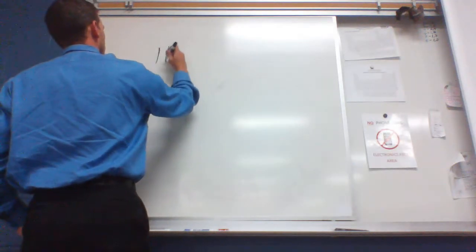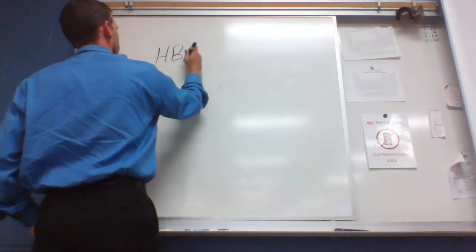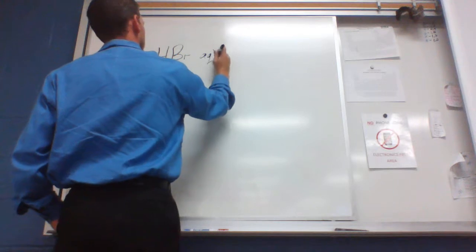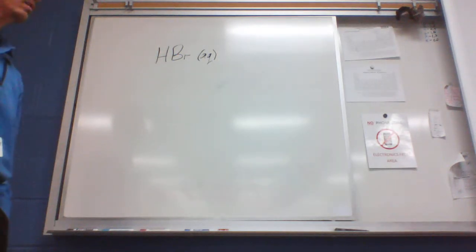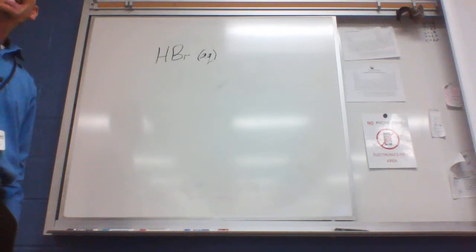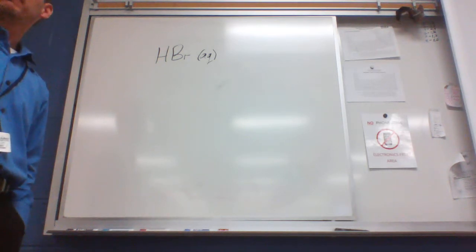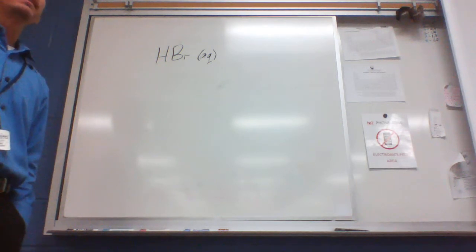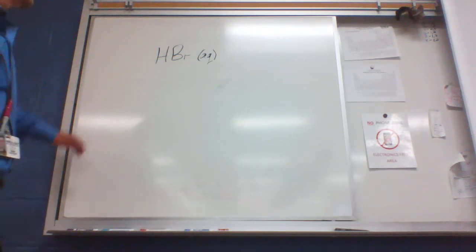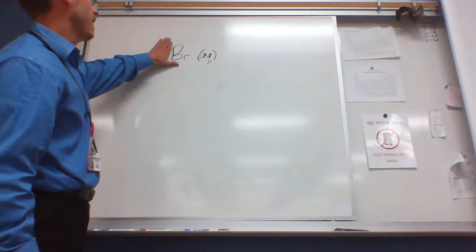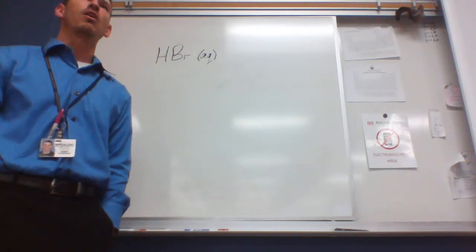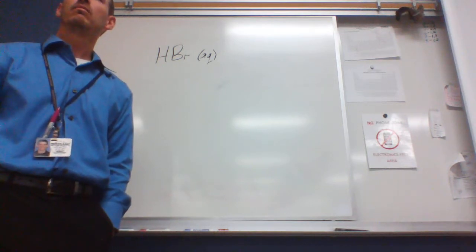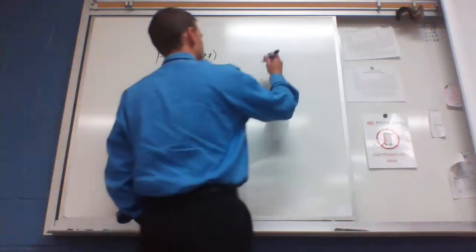So let's take a look at this guy. That's aqueous HBr. What I notice is that it starts with H. Therefore, we're going to ignore the H and follow the acid rules. Br. How do we pronounce Br when it's bonded? Bromide. Came from the periodic table.